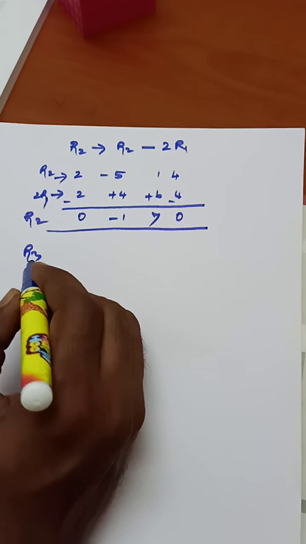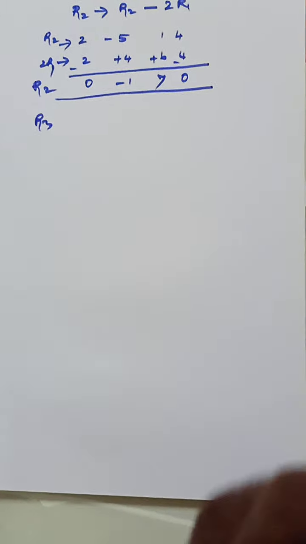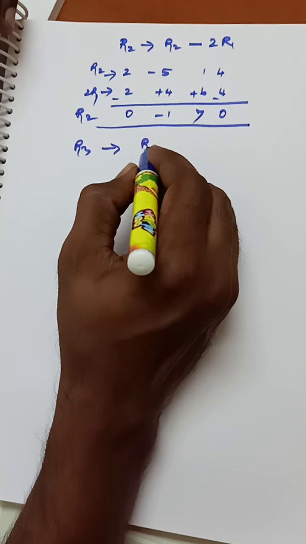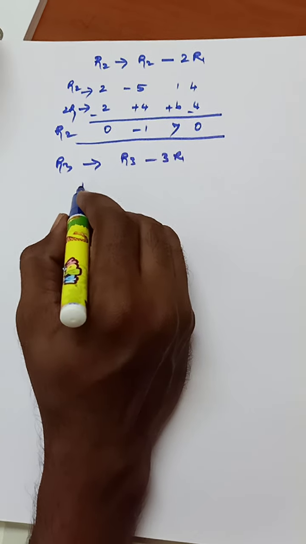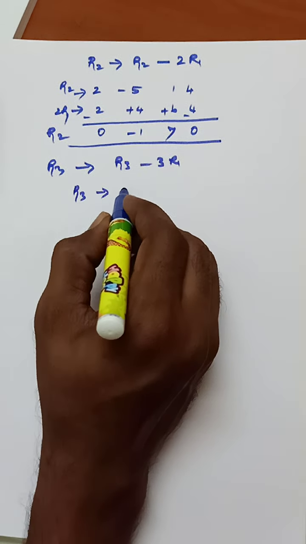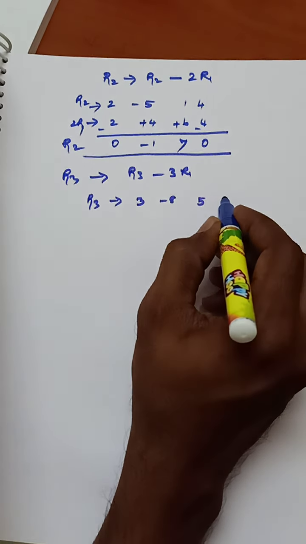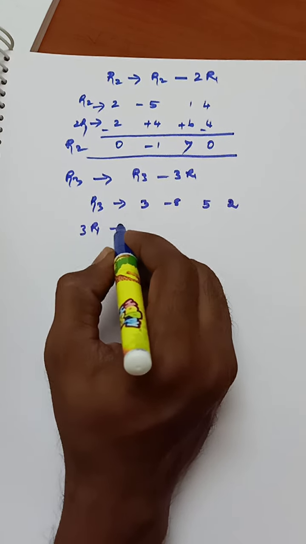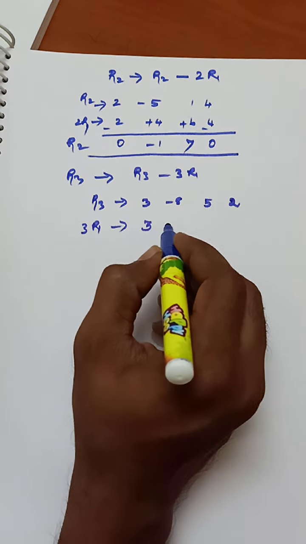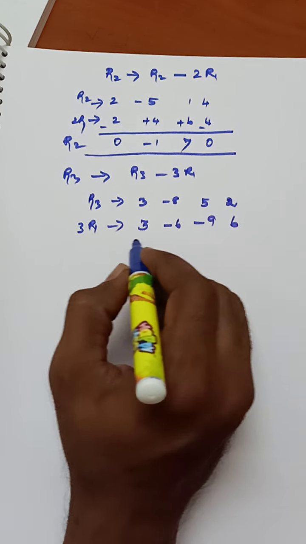And for your R3, you have 3. So R3 tends to R3 minus 3R1. Your R3 is 3, minus 8, 5, 2, and your 3R1 is 3, minus 6, minus 9 and plus 6.